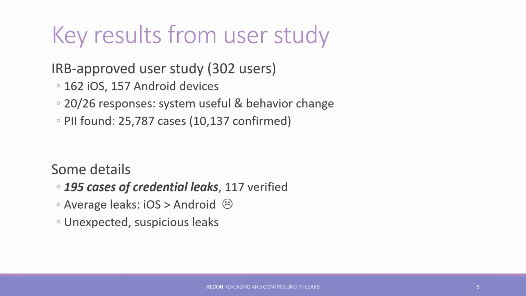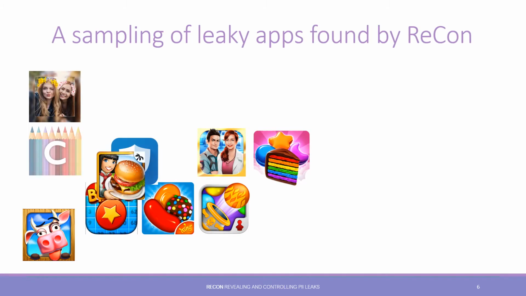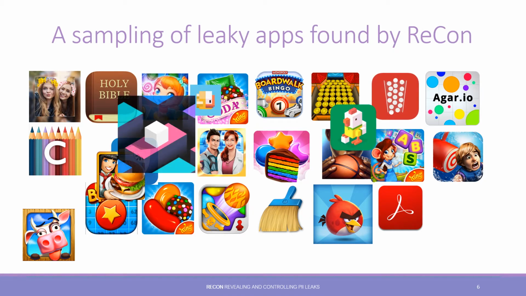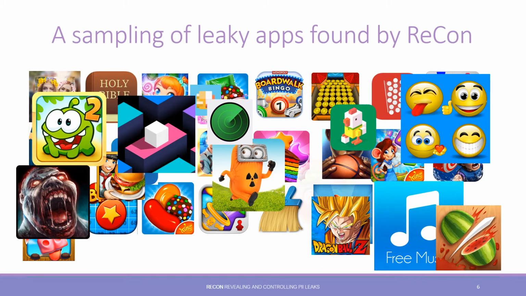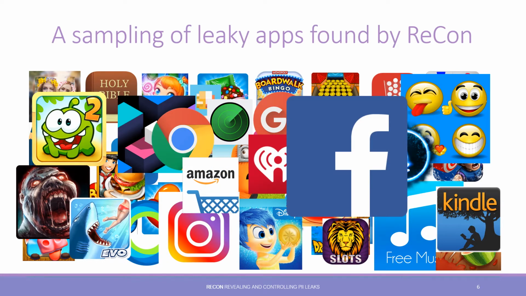On average, iOS users often see more leaks than Android users do, although we certainly can't generalize that to the overall population. And we've seen large numbers of unexpected and suspicious leaks from apps that you may use once in a while. Some of them you use every day, some you use multiple times per day. So this is just a sample of some of the apps where we've seen information being leaked.